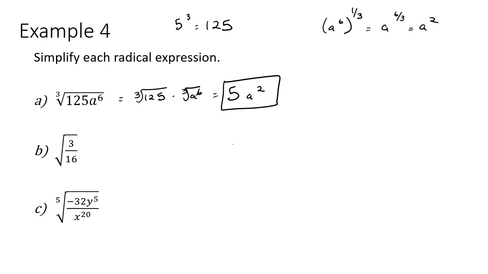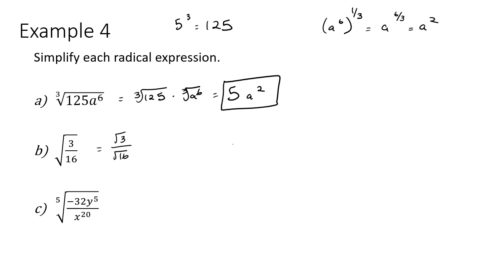All right, so again, that's worth remembering as a shortcut. You take the power on the inside and you divide it by the index of the root. Part B is a little bit more straightforward. We've got the square root of a fraction. So we're just going to distribute the square root to both the top and the bottom of the fraction.